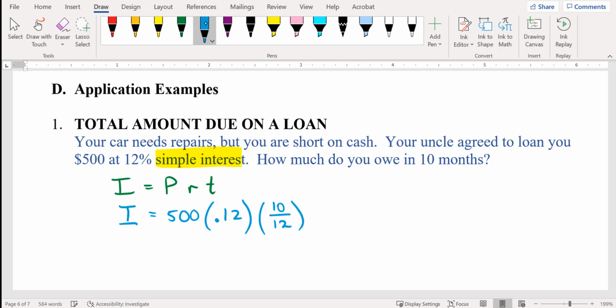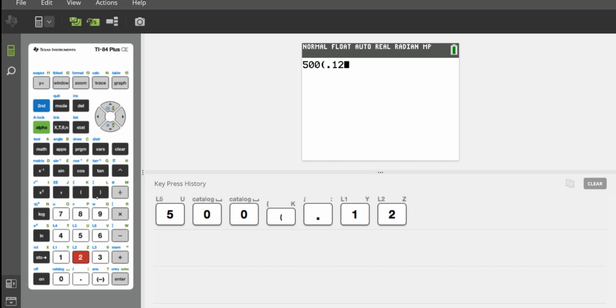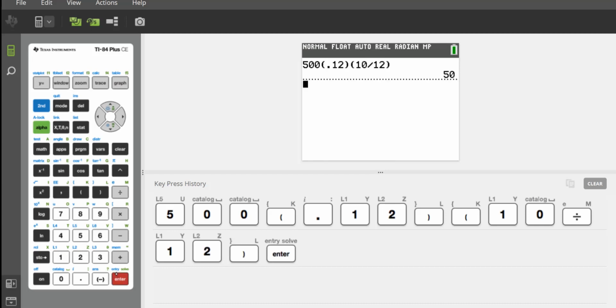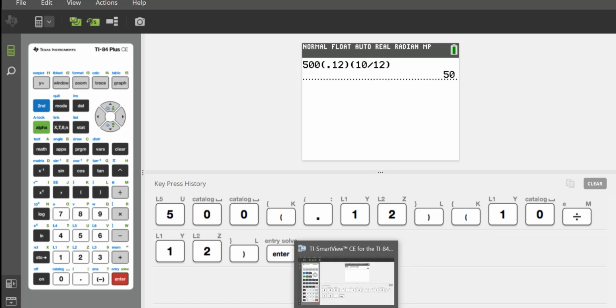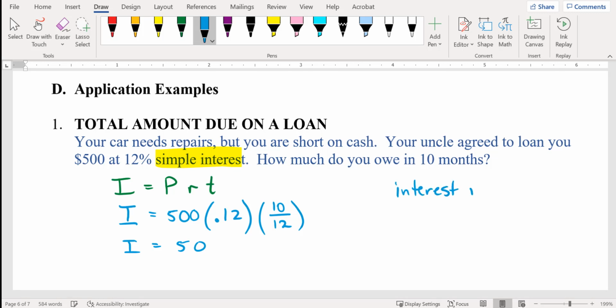On your calculator, 500 times 0.12 times 10/12 of a year. You get $50. Your interest is $50.